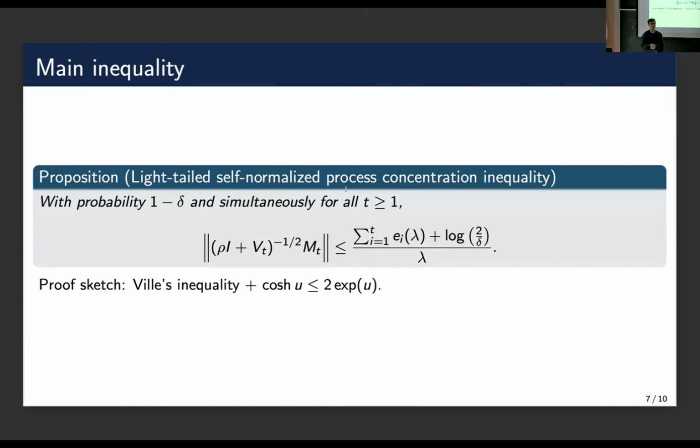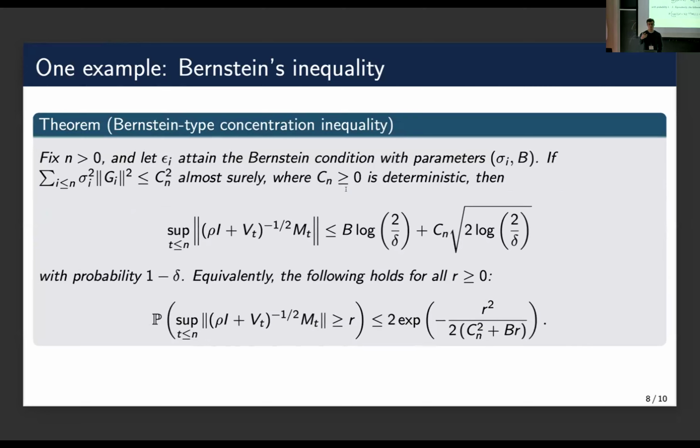All we have to do is apply Ville's inequality, which is an anytime valid version of Markov's inequality, and upper bound the hyperbolic cosine by 2 times the exponential function. Okay, so that's great. We have a general theorem. What do we do with that? So I want to give you a tangible example, which is a Bernstein type concentration inequality for the self-normalized process.